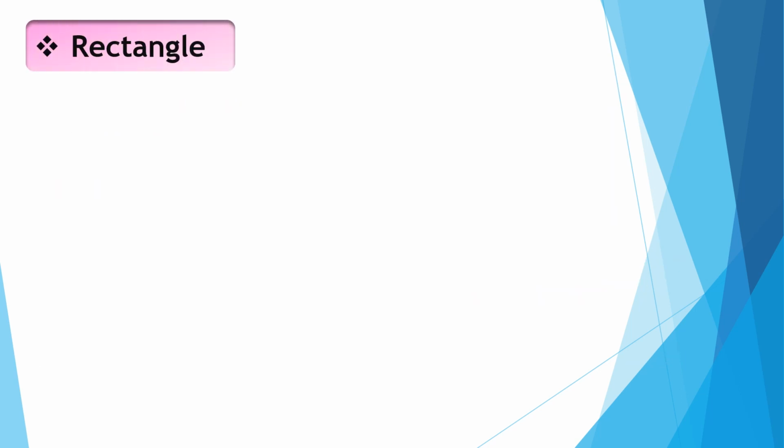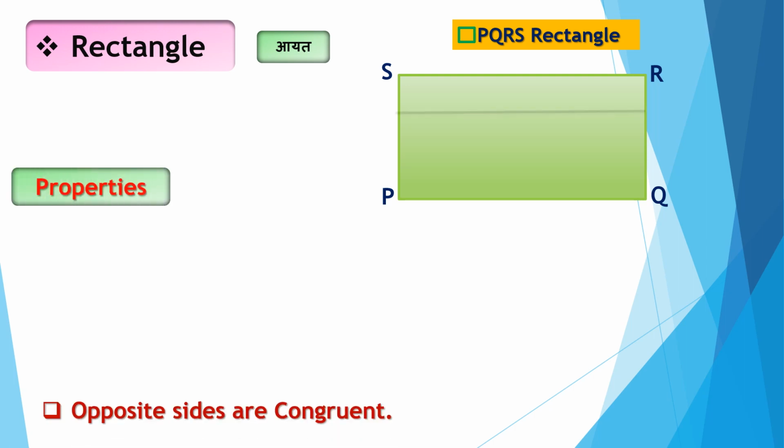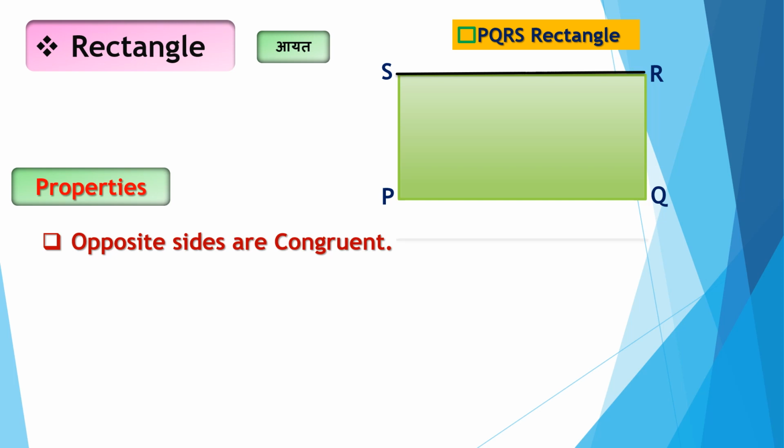Now we see the properties of a rectangle. Here we see quadrilateral PQRS. We all know that it is a rectangle. We see the first property. Opposite sides are congruent. PQ opposite to RS and both are congruent to each other.